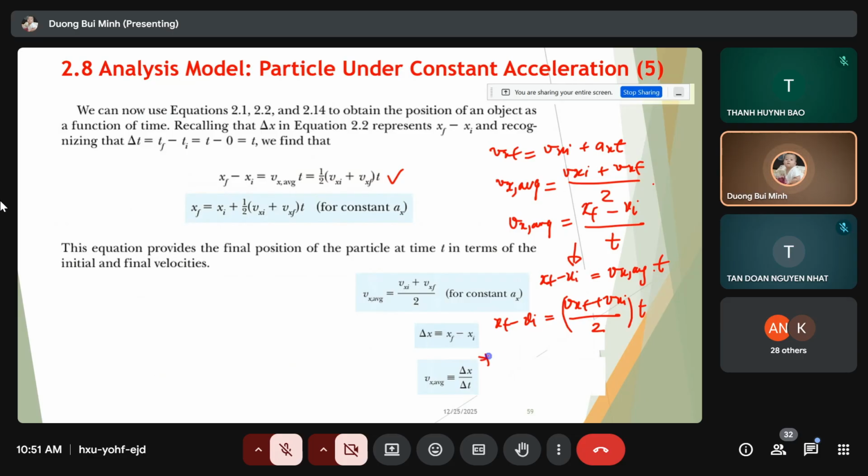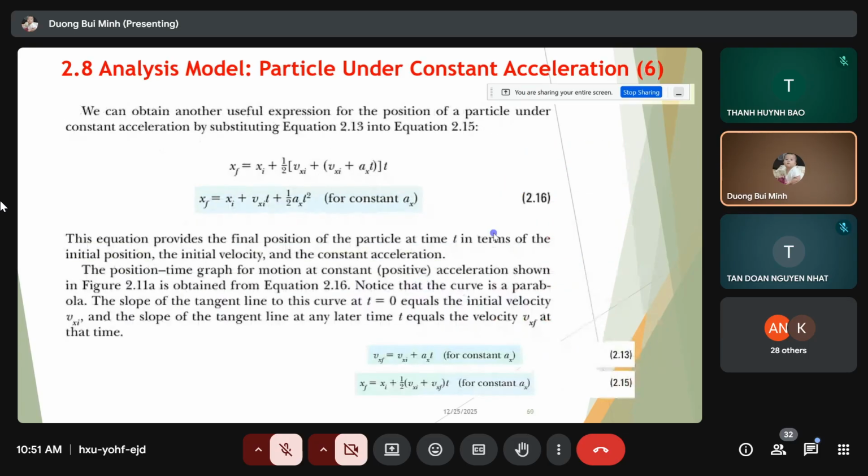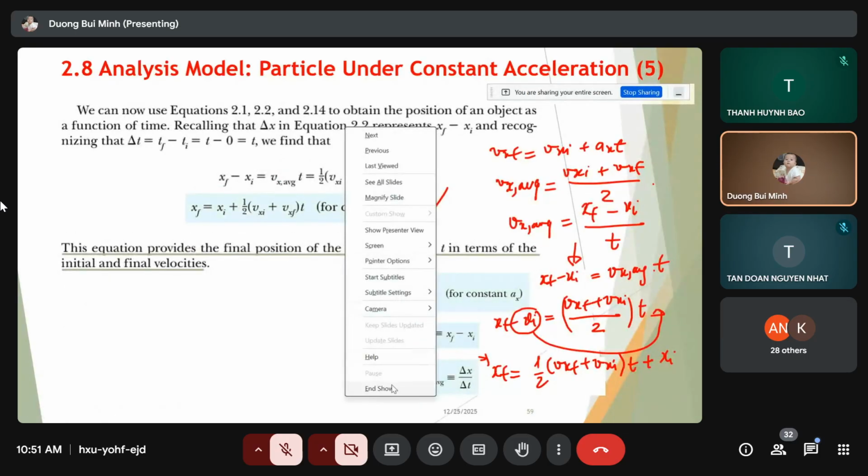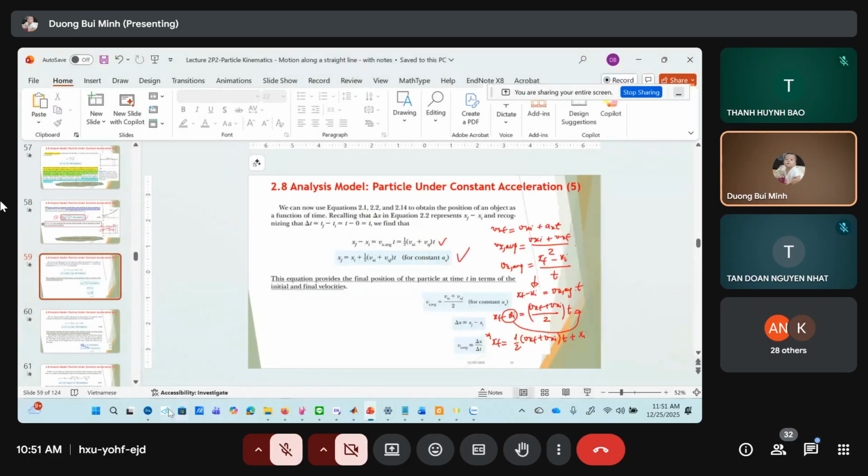Then we move minus xi to here. You can get xf is one over two, and here you get Vxf plus Vxi times t plus xi. So now we have the other equations.